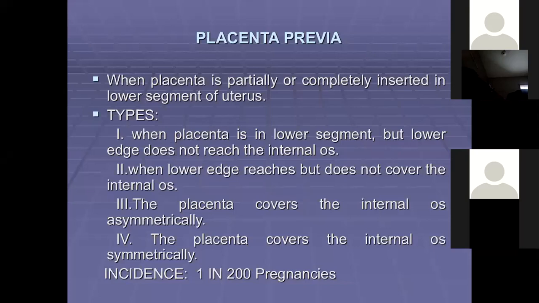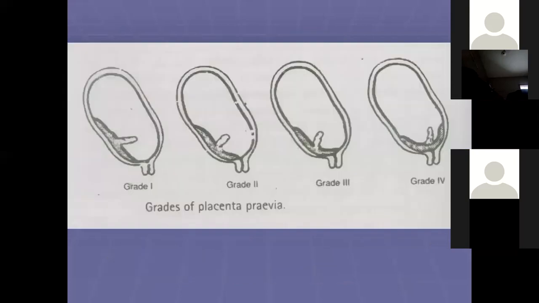Incidence of placenta previa is 1 in 200 pregnancies. As I told you, it is a common condition comparatively to abruption placenta. In this picture, you can see different grades, or you can say types, of placenta previa. In type 1 and 2, if you see, the placenta is not covering the internal os, though it is at the lower uterine segment.